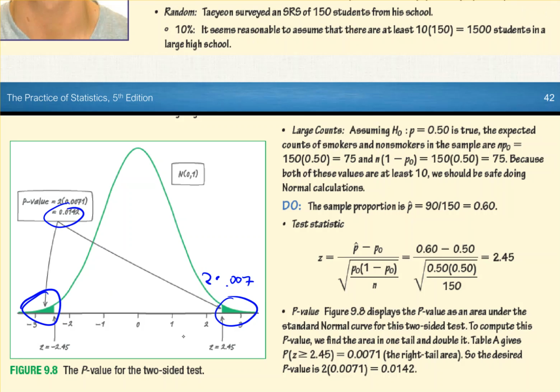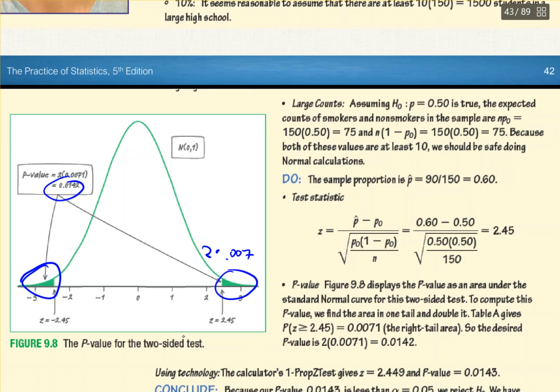They must not have rounded quite as far as I did. You can see 0.0071, but basically that's why we double it, because we got 2 of them there. And so we get 0.0142. That p-value is less than alpha, and so we would reject the null hypothesis.